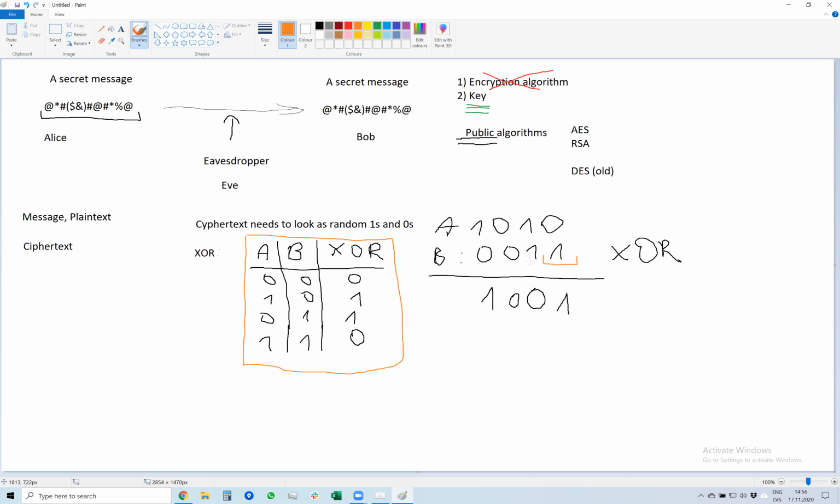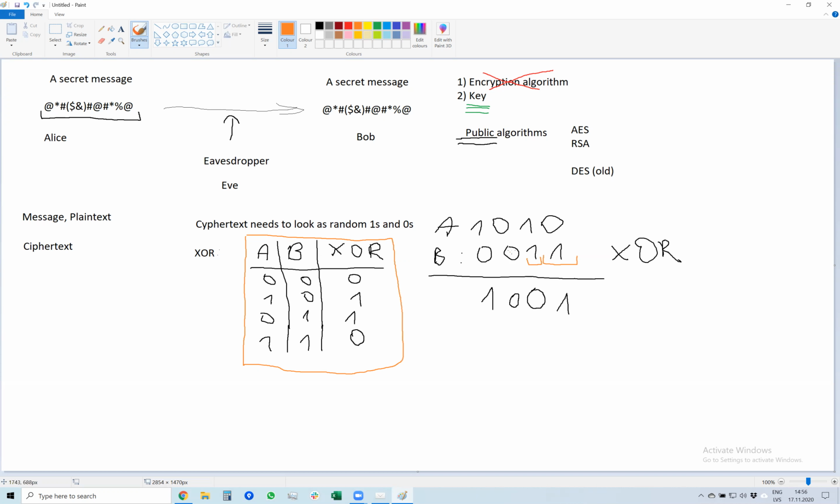So where B is 1, A is changed to the opposite. So from 0, it changed to 1. Where B was 1, here A is 1, it is flipped to 0.